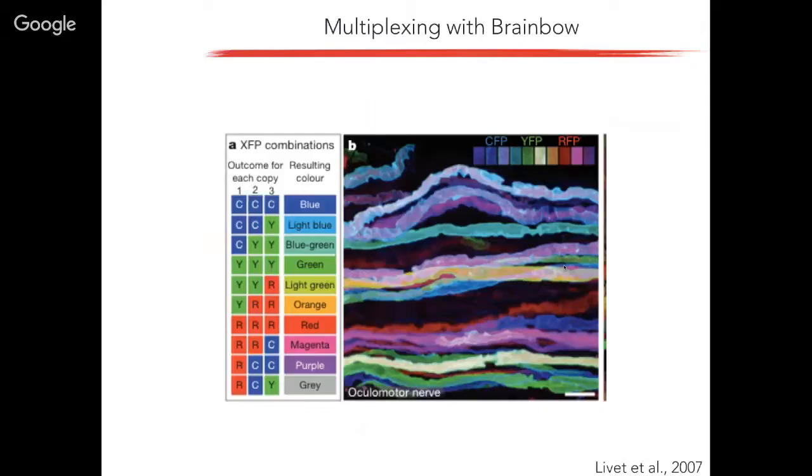So the inspiration for our approach actually came from a technique developed by Jeff Lichtman, Josh Sanes, and published in 2007 called Brainbow. And there the idea is that to make the tracing easier, it would be convenient if the axons had different colors, if you could color code them.